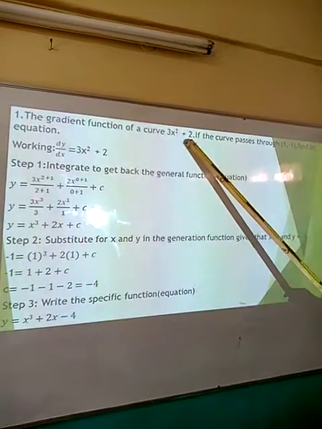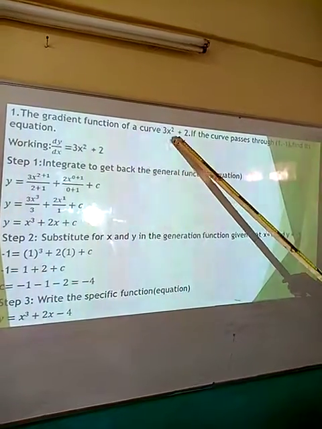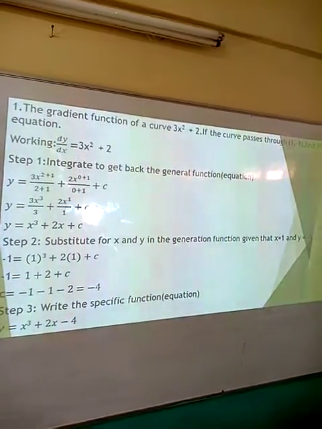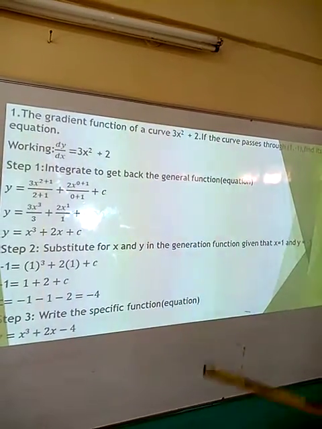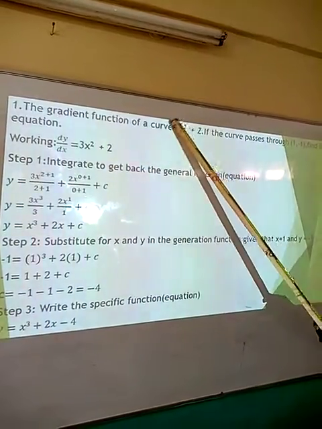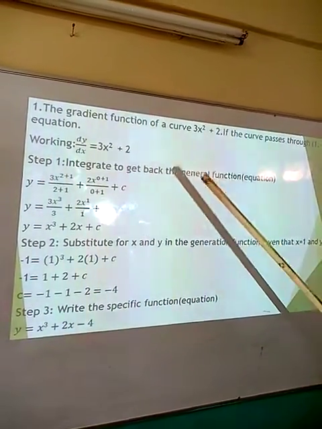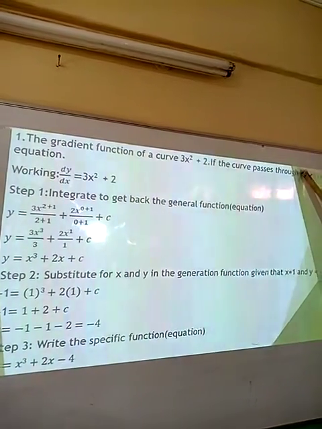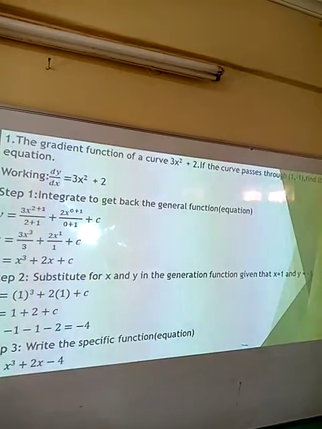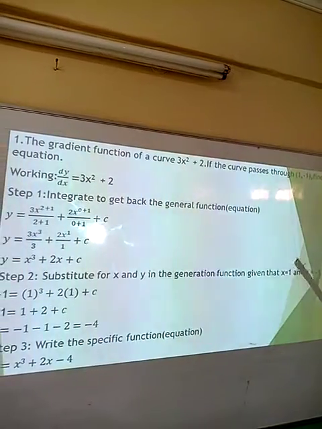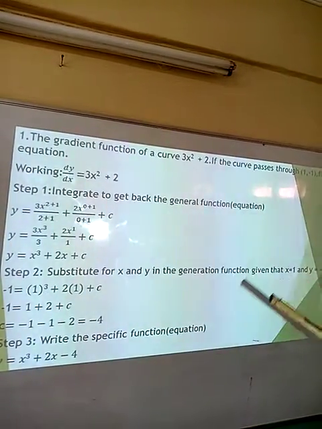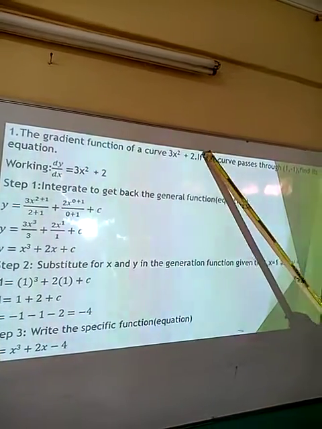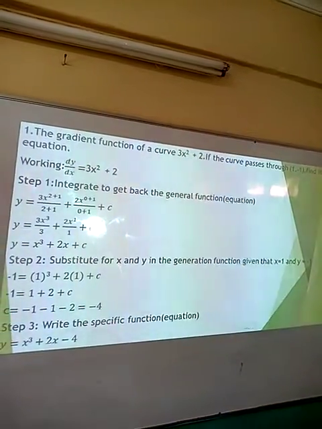If we were to end at the point the gradient function of a curve is 3x squared plus 2, that can only enable us to get a general function. But if we proceed and we find that we are given a point (1, -1), then that is the additional information we need to help us get a specific function whose gradient function has been given.